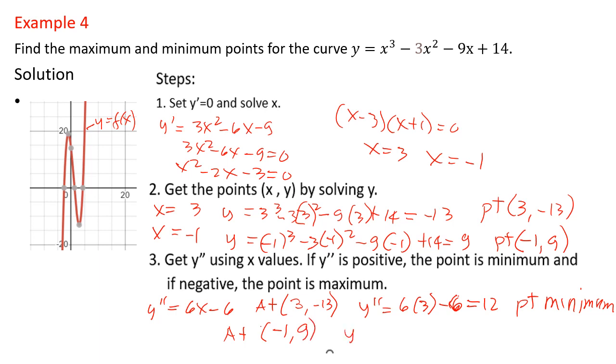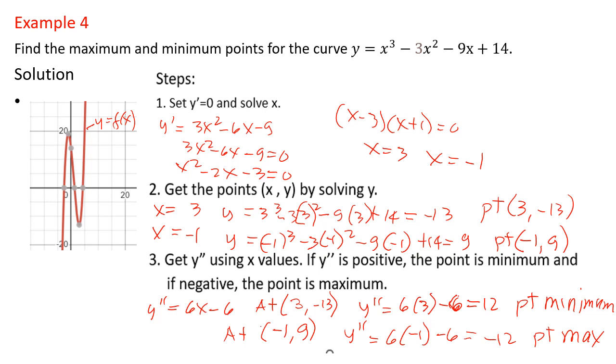So y double prime equals 6 times minus 1 minus 6 equals minus 12. The point is maximum.